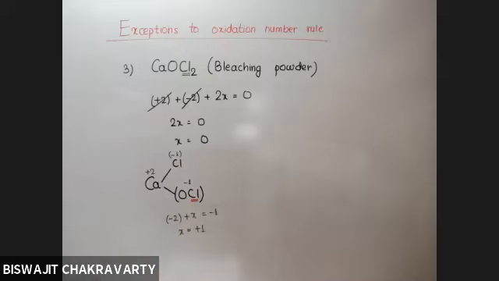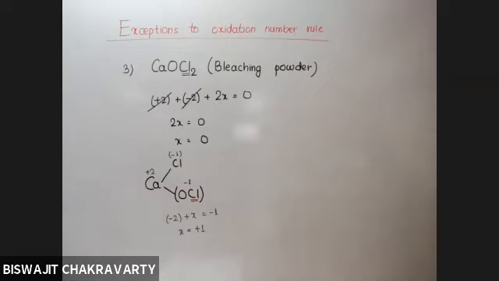Is it not plus 1? Yes, sir. So though there are 2 chlorine atoms, both are in different oxidation states in bleaching powder. One chlorine atom shows oxidation number of minus 1. The other chlorine atom shows oxidation number of plus 1.